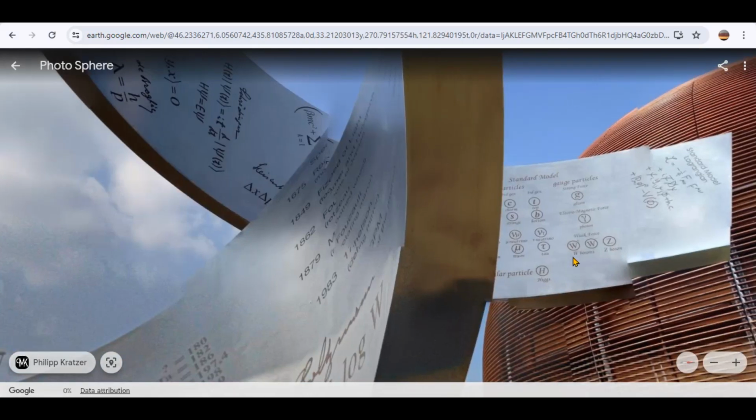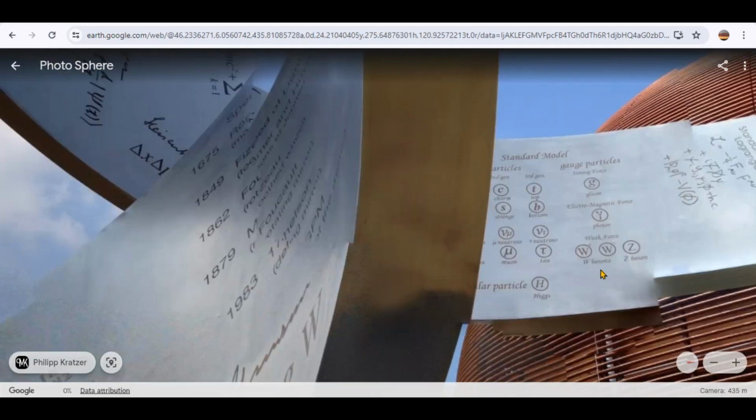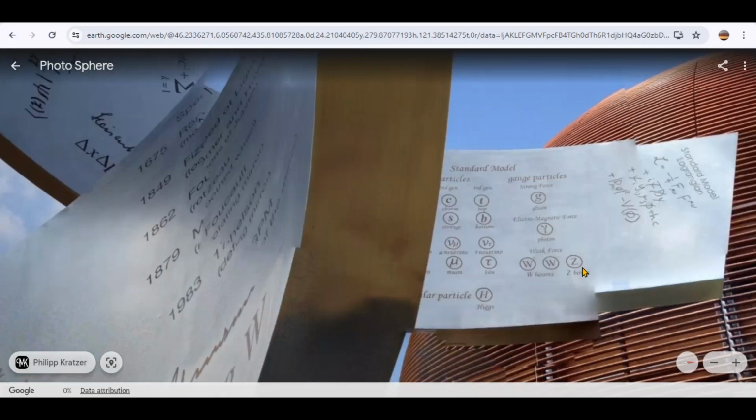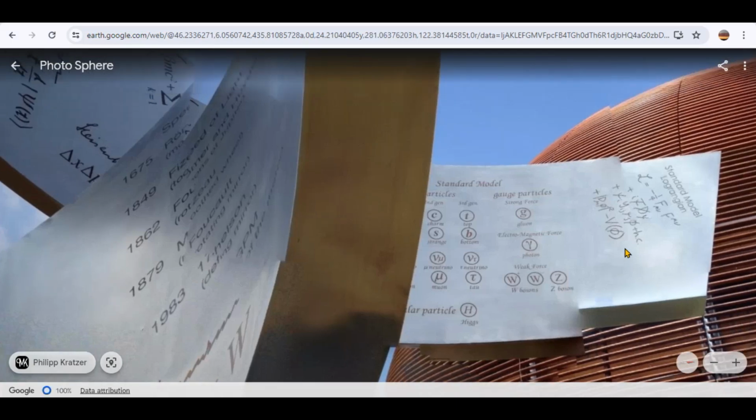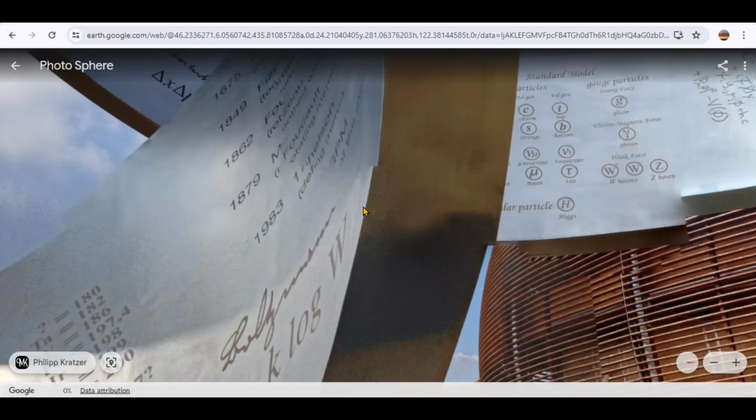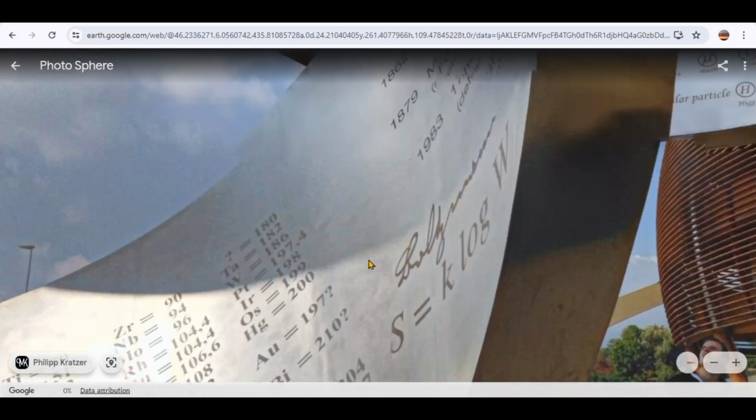The facility's stated purpose, you saw at the very beginning. They are essentially taking the most basic particles that we are aware of and smashing them together at very high speeds, trying to essentially recreate elements of the Big Bang Theory.